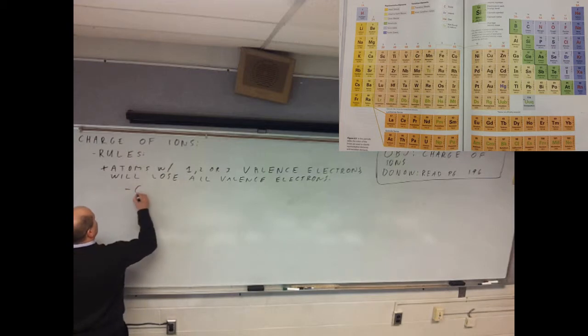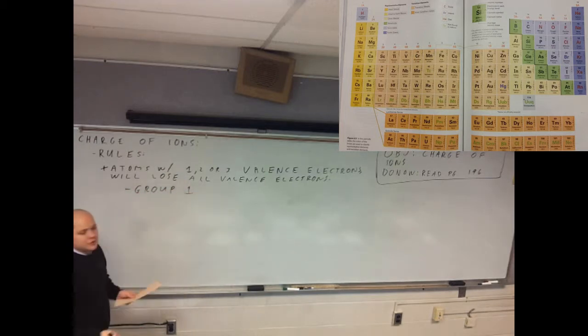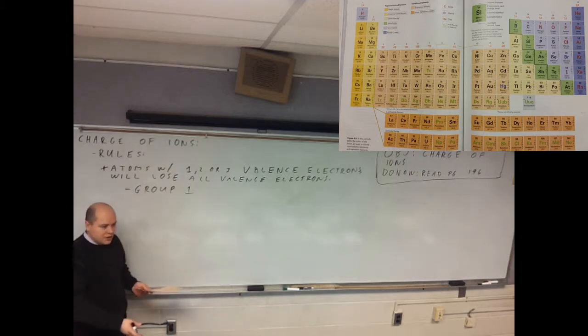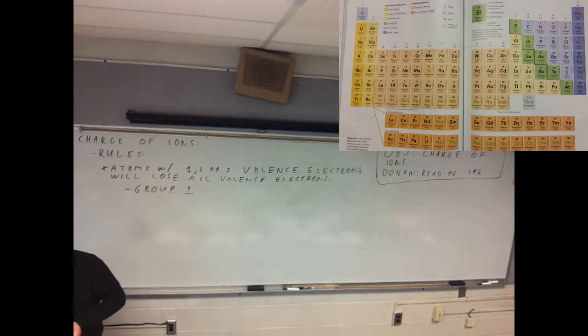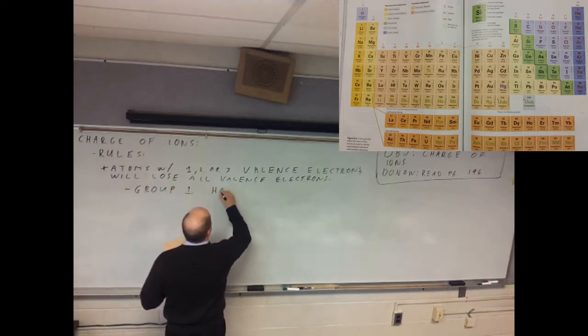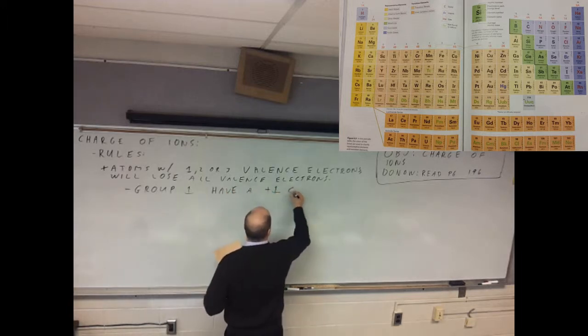That means group 1, and everybody make sure you know where group 1 is, because after I explain this, I still have people confused. It's the first column on the periodic table: hydrogen, lithium, sodium, potassium, right? Group 1 have a +1 charge.